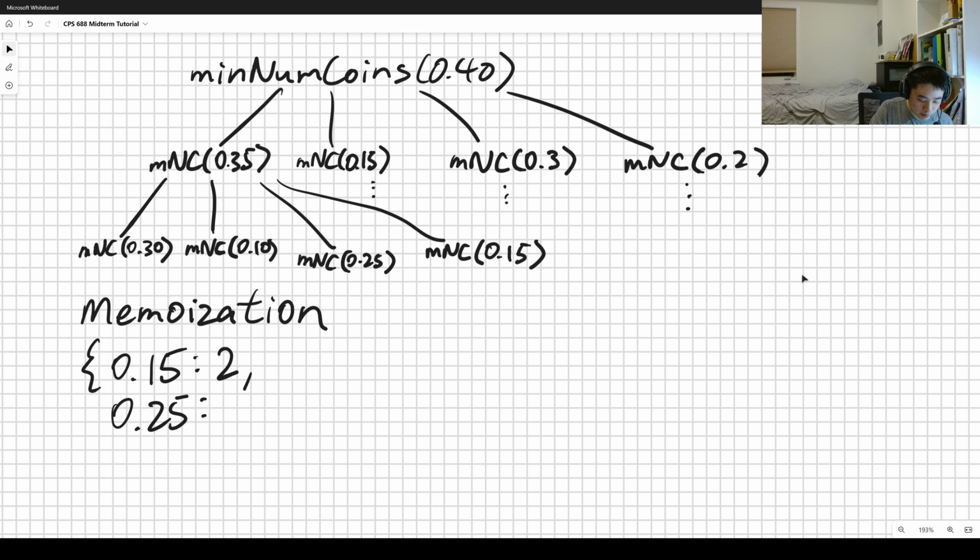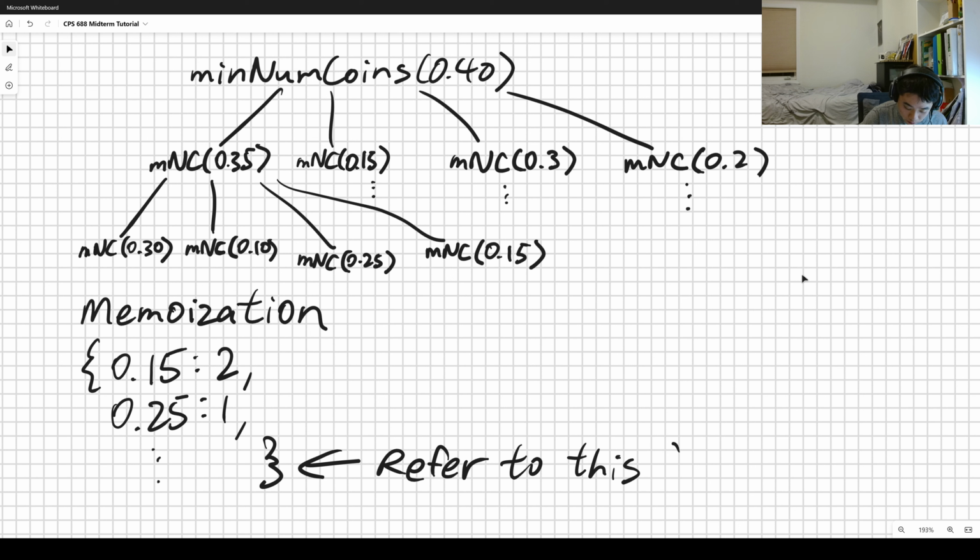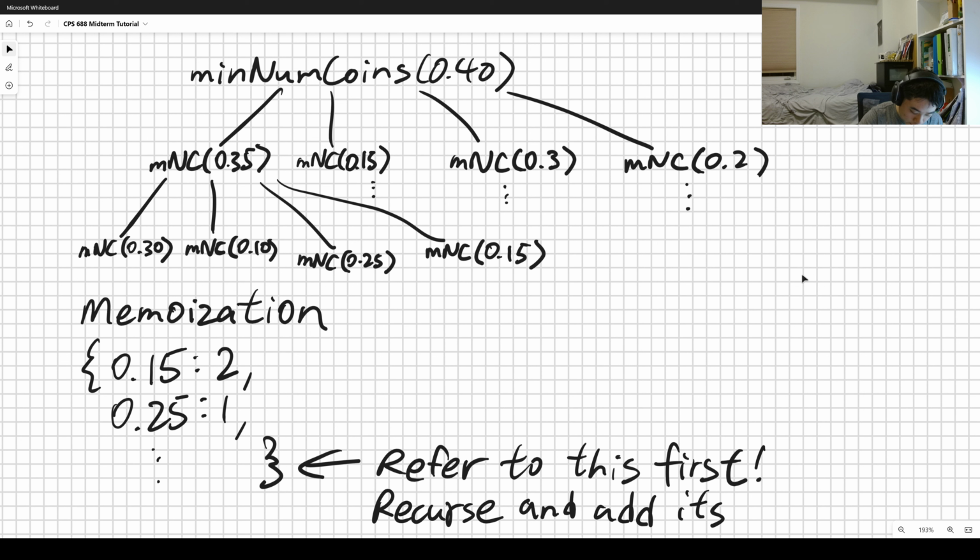So for example, I'm just gonna write down random numbers for this one, and so on and so forth. You can refer to this first, otherwise recurse and add its answer.